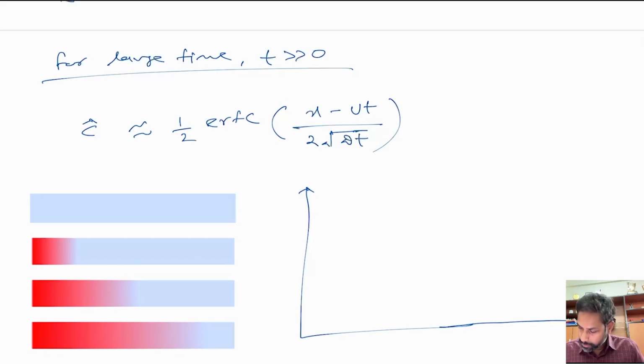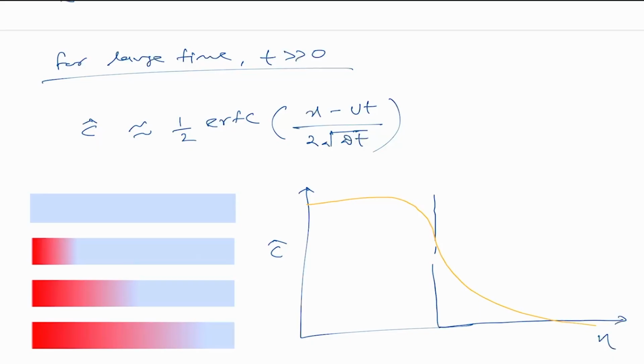So if you want to plot it against eta, right, and you define your C hat as something like this, it will look something like this.